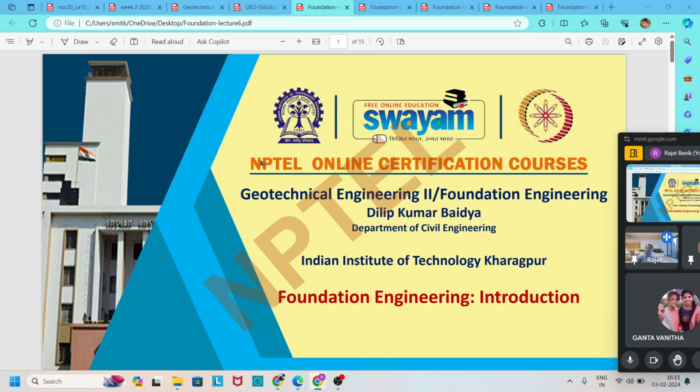Then we also discussed how we find basic soil properties like void ratio and pore water pressure, and also engineering parameters like permeability and shear strength parameters. We already taught this basic soil mechanics in previous NPTEL courses, also in our colleges. Today we start the foundation engineering.